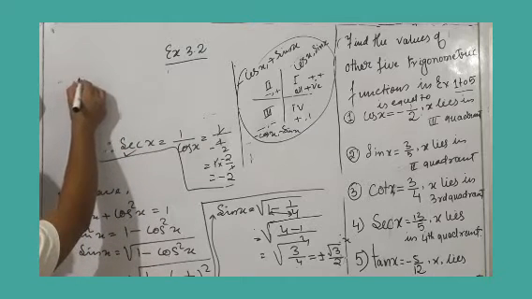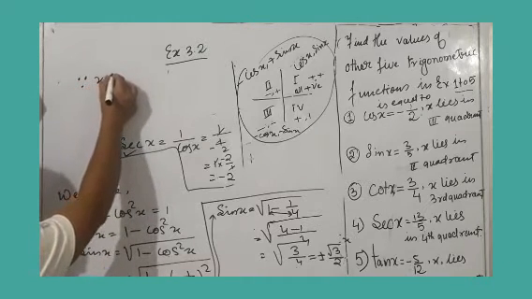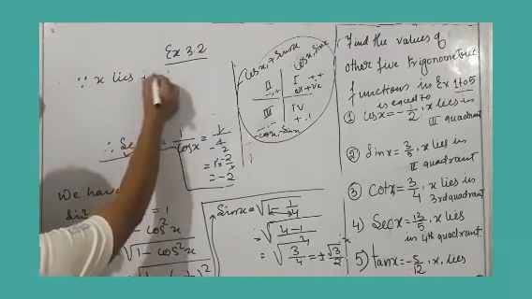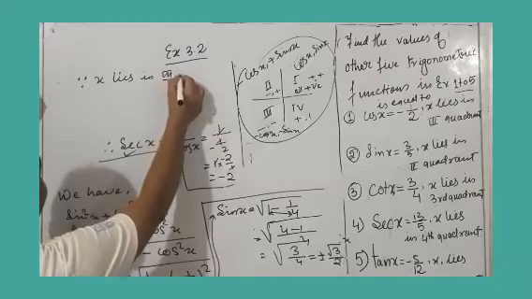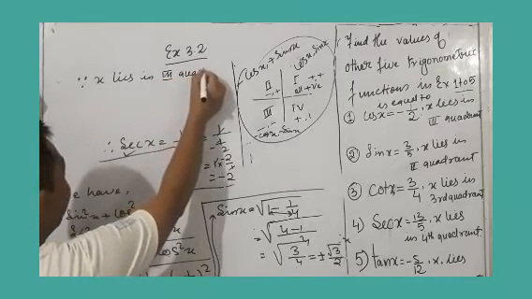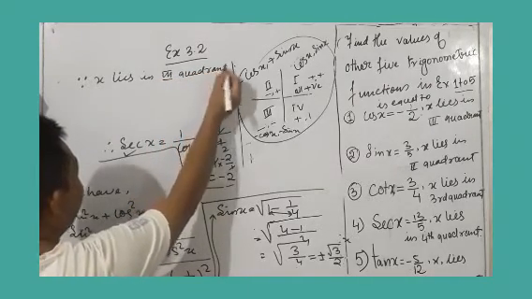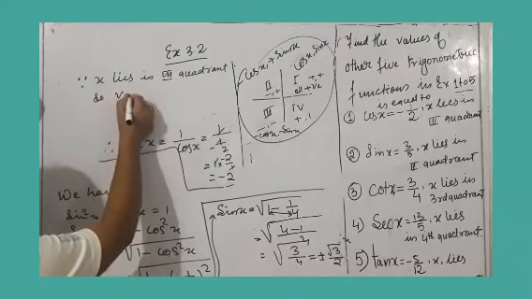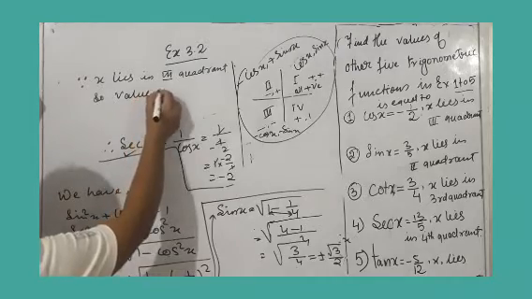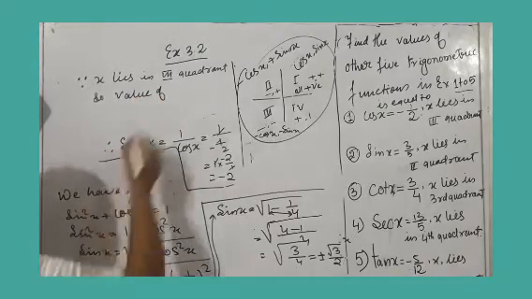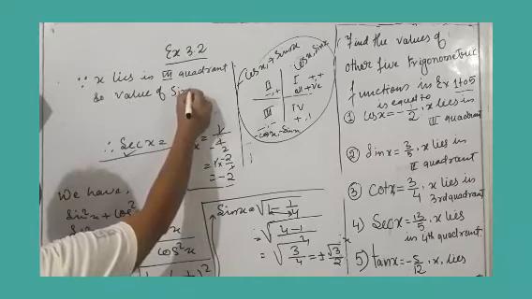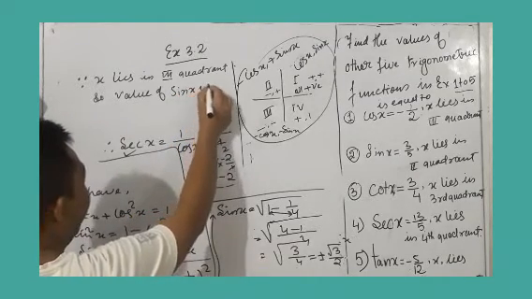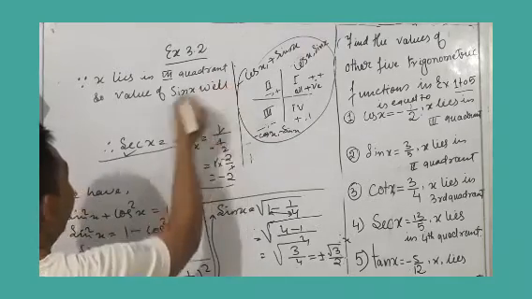Since x lies in the third quadrant, the value of sin x will be negative.